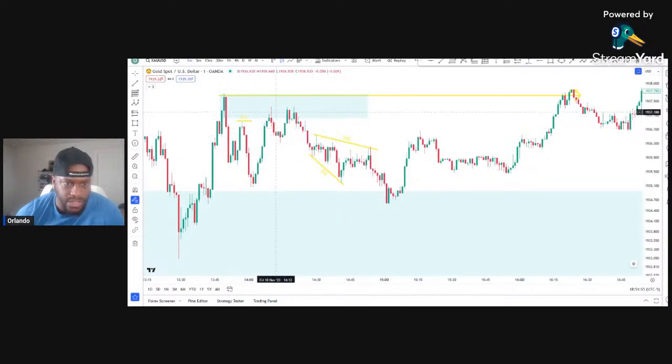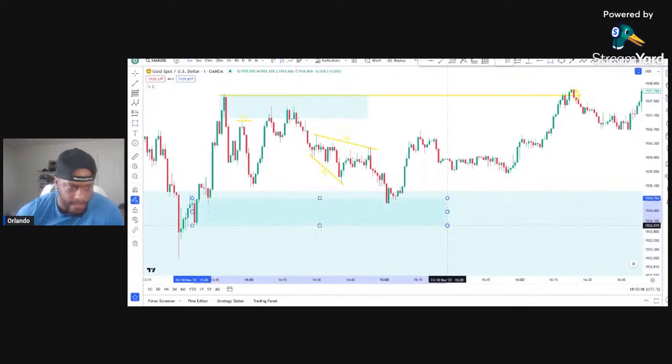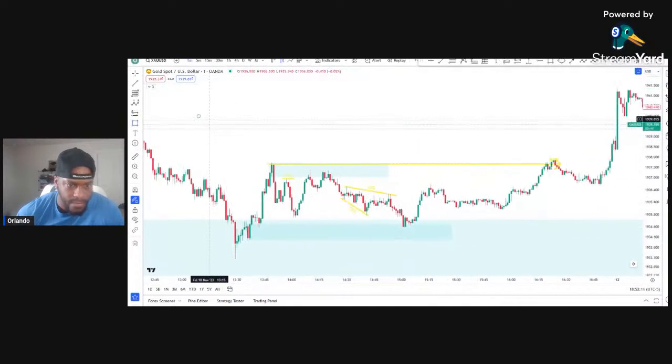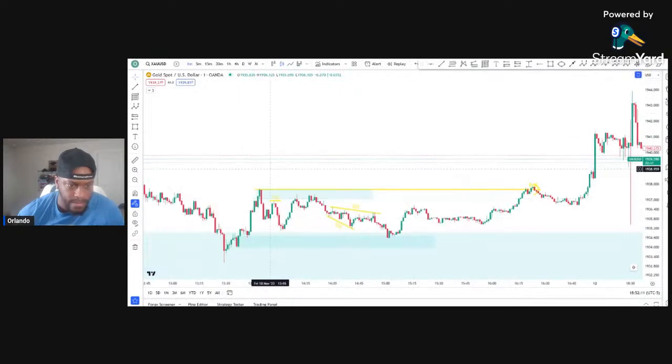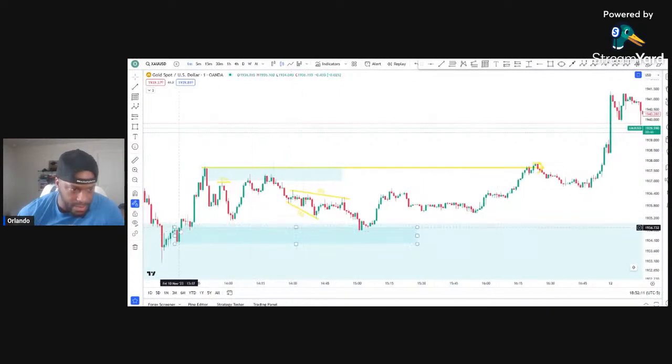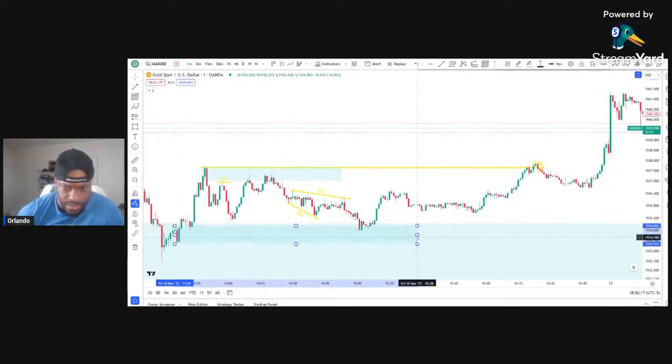Price took that liquidity, swept it, came right here, distribute, redistribute, and accumulated off of this demand zone right here. So this right here is a 1 minute demand zone. You can see how price came off of it.